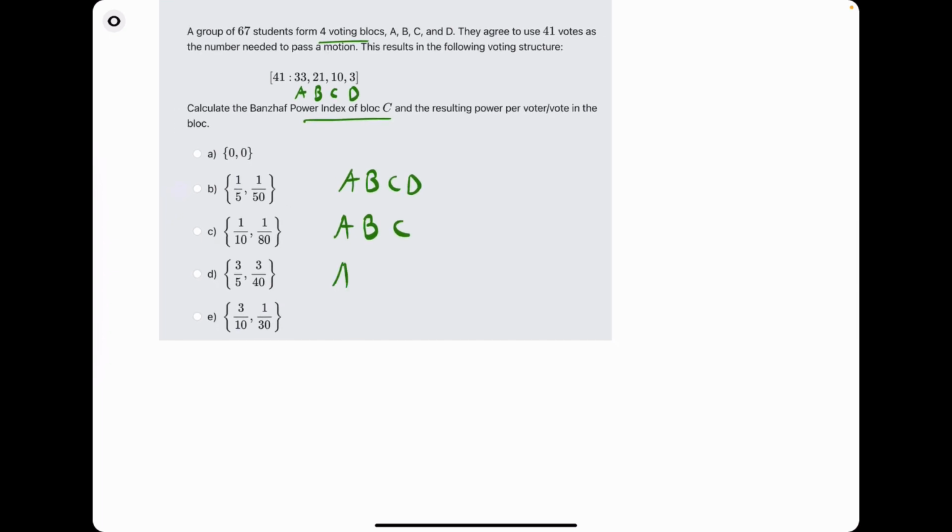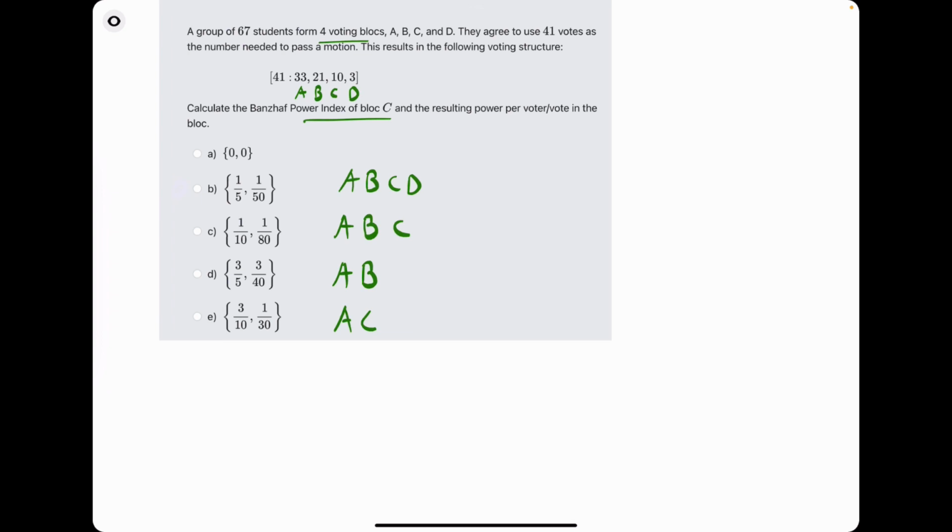So you could do just AB, 33 plus 21. You could do AC, 33 plus 10, right? And then it's important to note that BCD would not be a winning coalition. So 21 plus 10 is only 31, plus 3 is 34, so that's less.